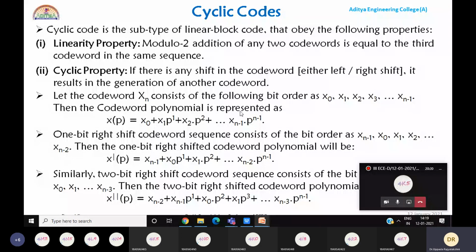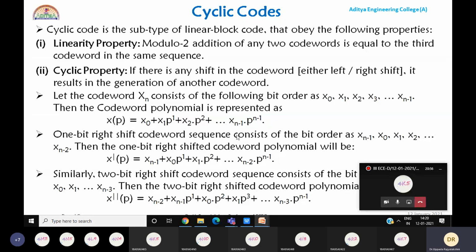Then the code word polynomial is represented as X(p), so this is the code word polynomial for the code word X suffix n. X(p) is equal to x0 plus x1 p power 1. Here you can see the order, where x0 is the LSB bit and xn minus 1 is the MSB bit. So x0 plus x1 p power 1 plus x2 p square plus and so on. What is the MSB term? xn minus 1 p power n minus 1.